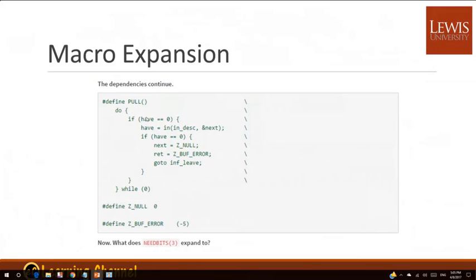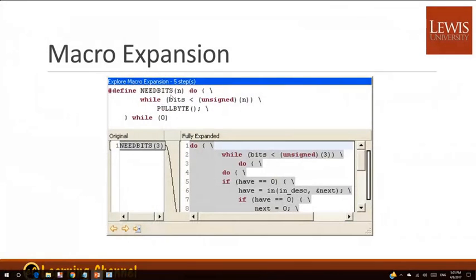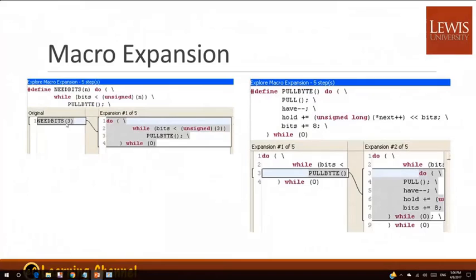So there are no function calls involved in macro expansion. So you need to be careful. It may look like a function, but it is not. So when we define a NEEDBITS like this, it adds a PULLBYTE in there. So if we put the number 3 and we write down like this in our statement, this NEEDBITS 3 after the preprocessor will be expanded to this, and this PULLBYTE will be further expanded to this.